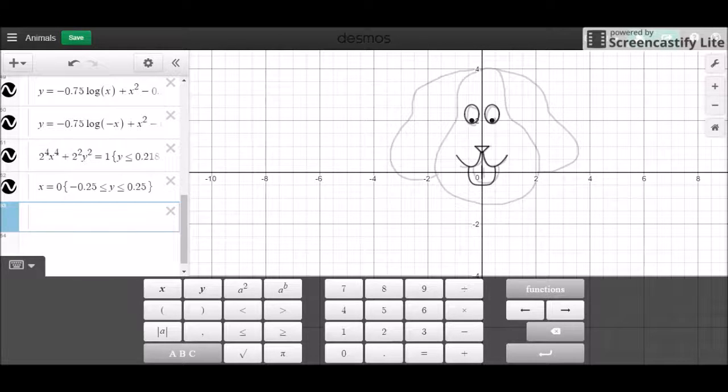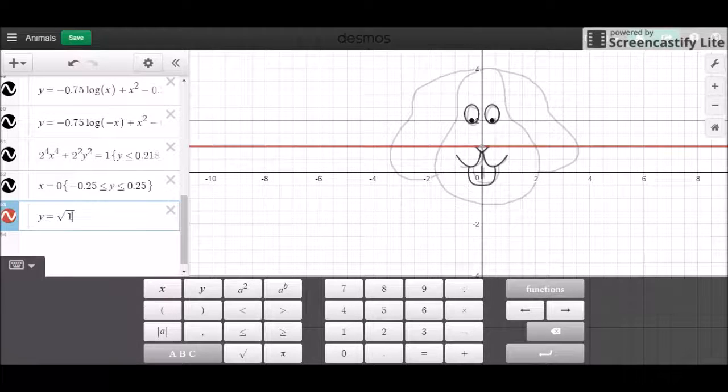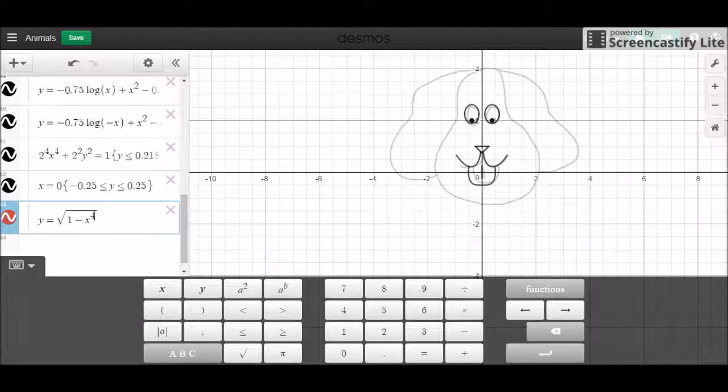I'm solving this top equation right here. So this looks like y is going to be a square root of some kind. 1 minus x to the fourth. There we go.